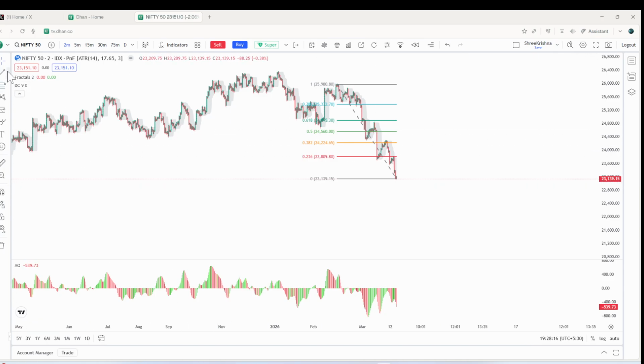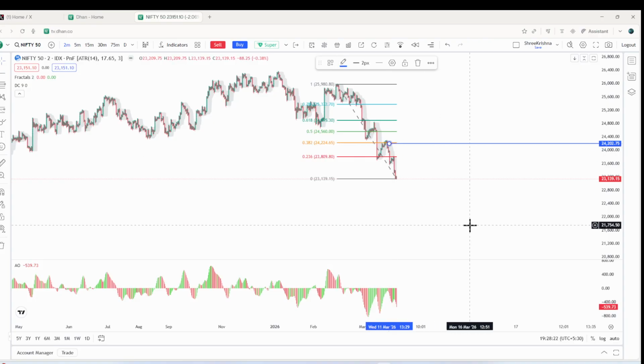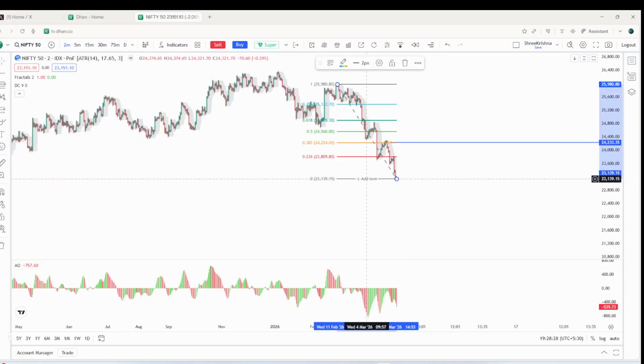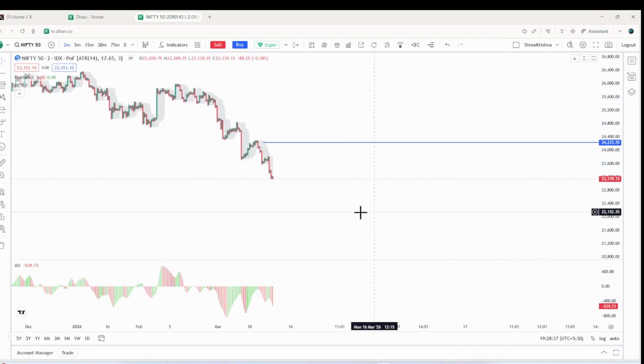Again, I am telling you that it can go up to 0.382, 22,24 to 24. It can go. Okay, and this is how we take a judgment.